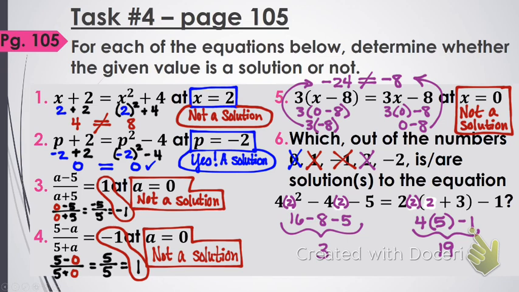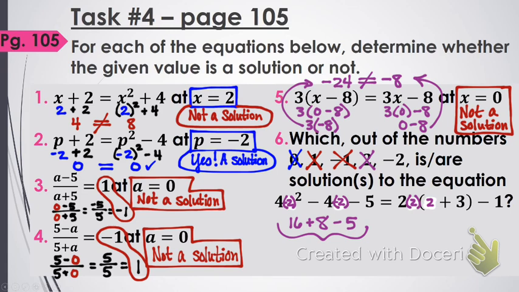What about if we made those 2's negative? Would it change the first piece at all, the 16? No. That'd still come out to be a positive 16. Would this still be a minus 8 here? That would change it to a plus 8 minus 5, which means I'd get 19 over here. What would I get here?